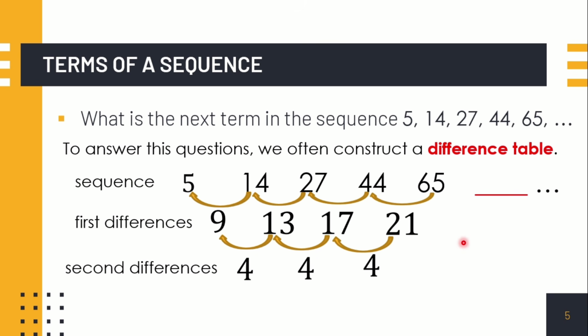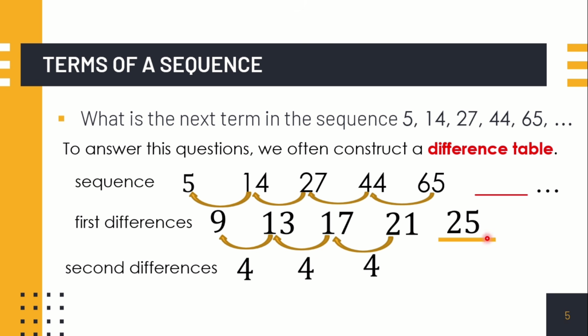It means the next term here, if you subtract it from 21, the difference is also 4. So, what we will do is add 4 here. 21 plus 4, so the next term in the first differences row is 25.